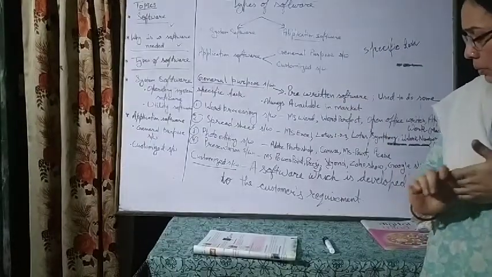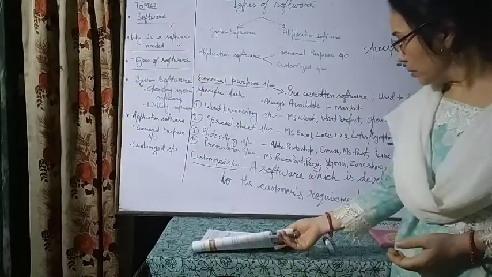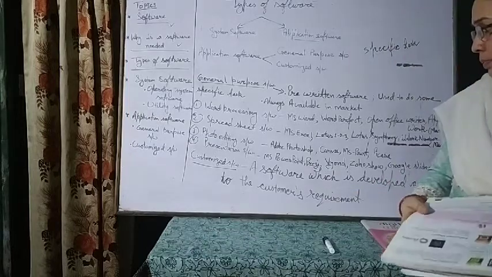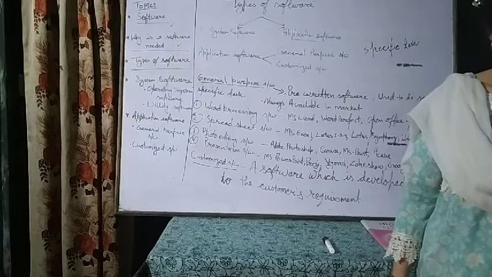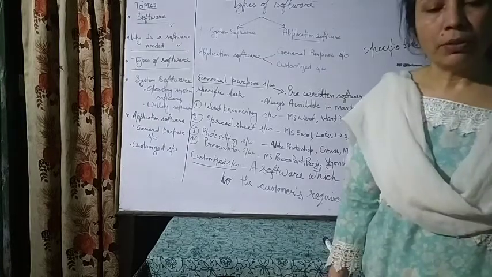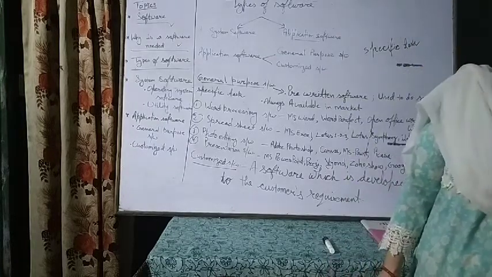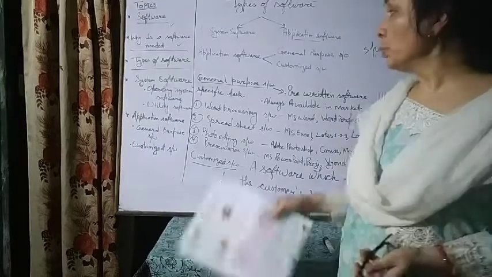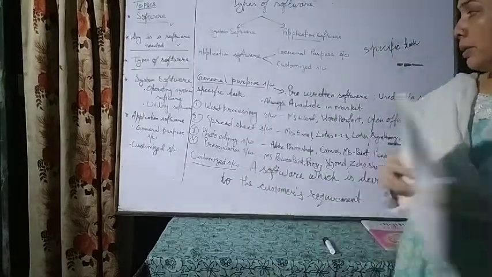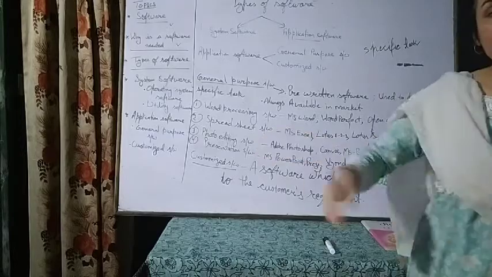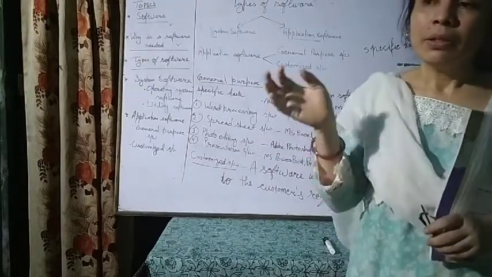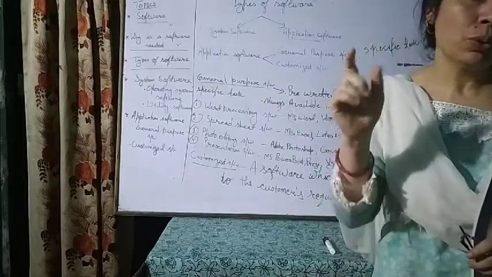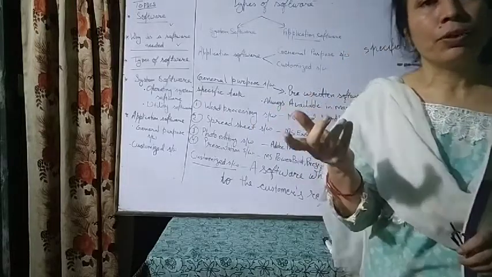For this customized software, I gave you a small example of a shop. Then bank. If you go to the bank, you will see bank employees, they don't use MS Word or MS Excel. You can see a different screen is there because the software which they use are customized software.